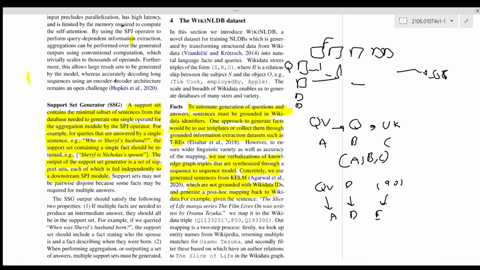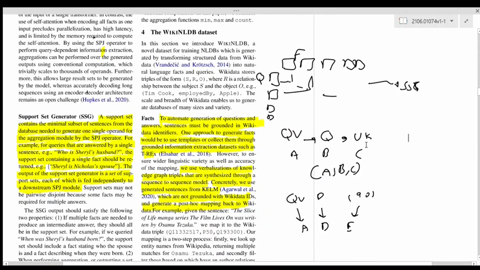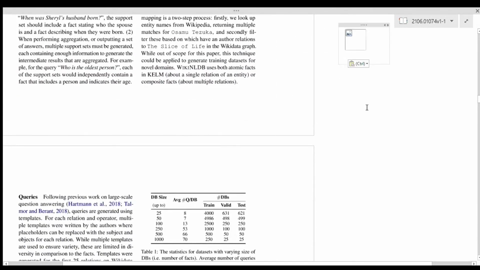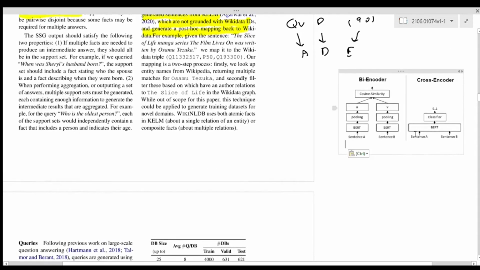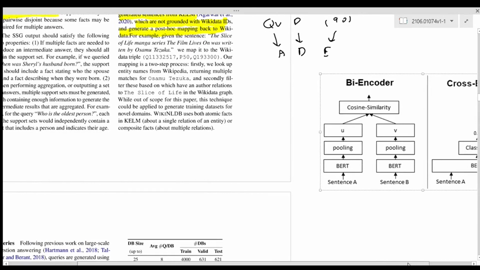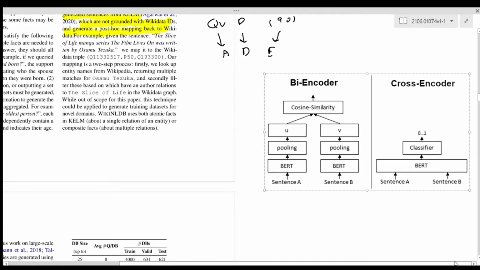For that, they are using a bi-encoder transformer to encode the facts and the queries and to generate scores for them. Here let's take an example for the bi-encoder.